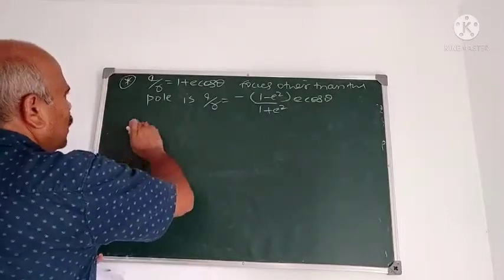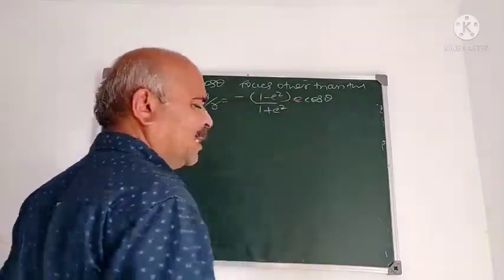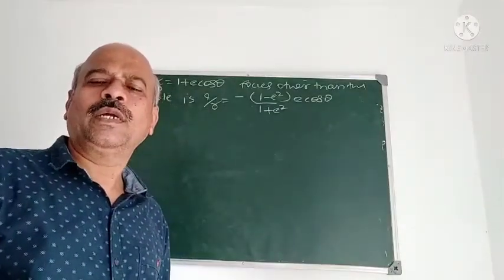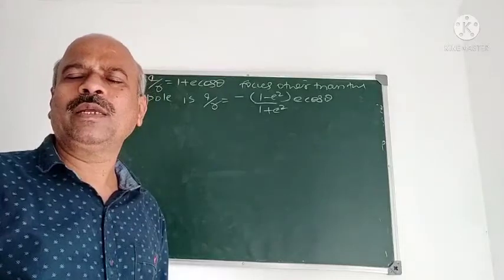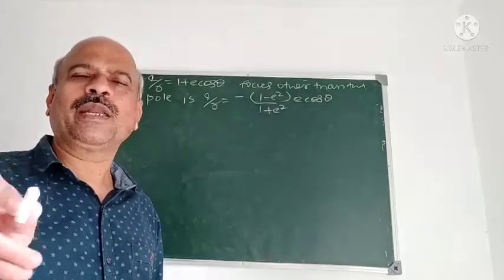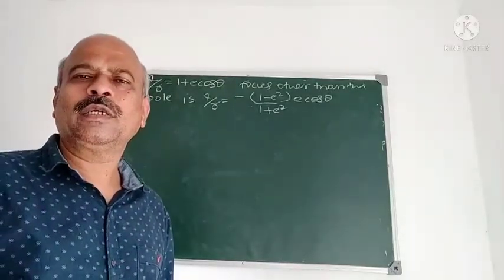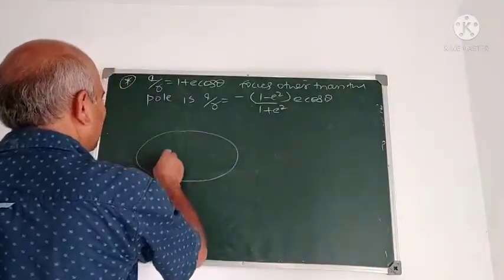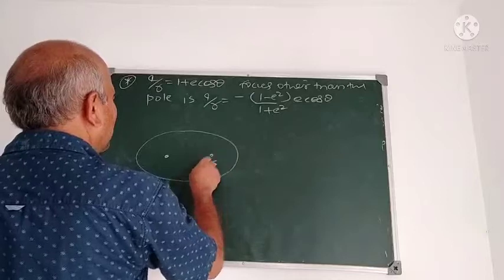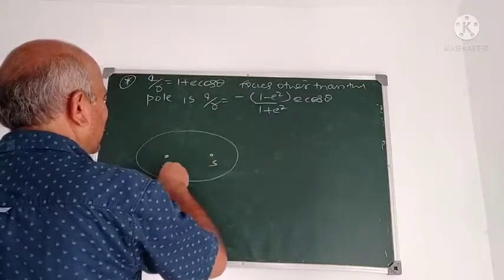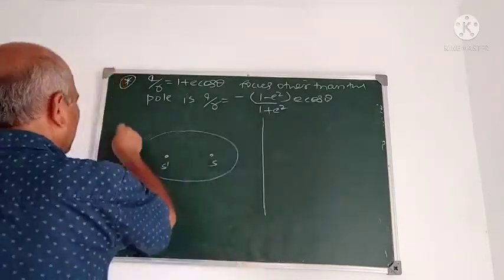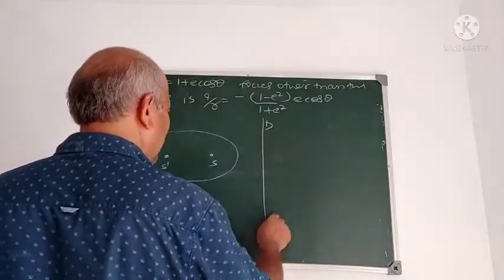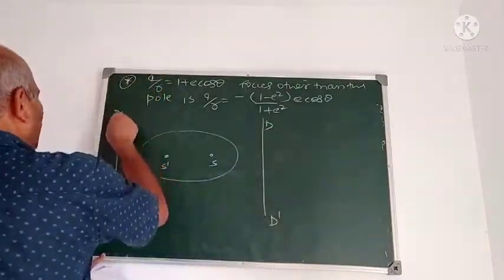Now suppose it is given already in the problem that two directrices are there, it may be either ellipse or hyperbola, because for a parabola there is only one directrix. Two directrices, so I take this as an ellipse, S and S dash are two foci, and these are the two directrices, D dash and D1 dash.